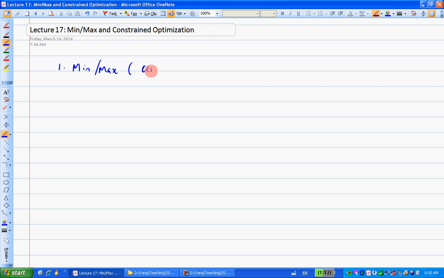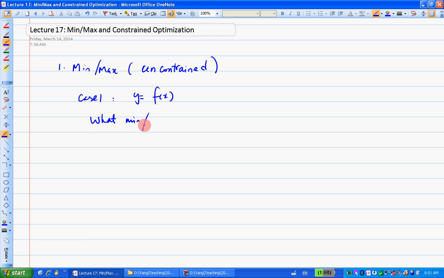So the first min and max, let's talk about the unconstrained problem, basically. What this is essentially, from a very simple situation, if I have a single variable function, you probably ask what is the maximum value and what is the minimum value this function has over a certain range, right?